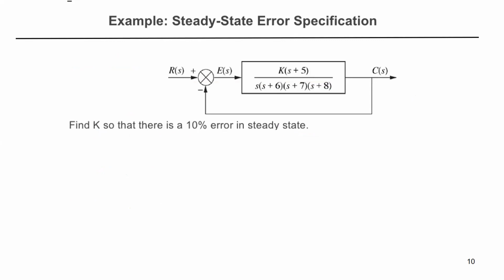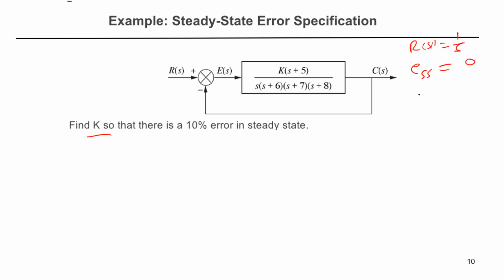Again, let's think before we solve the problem. This is type 1. What will be the steady state error if R of S equals 1 over S? It will be 0. If the steady state error will be 0, K could be any value. But he gives us 10%, so I don't have to worry about this type of input.